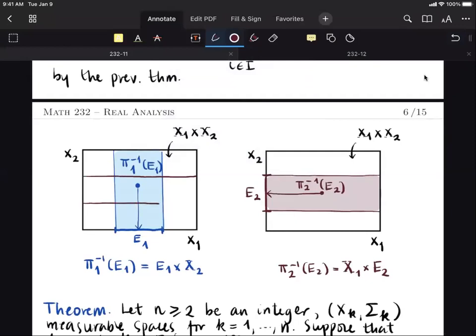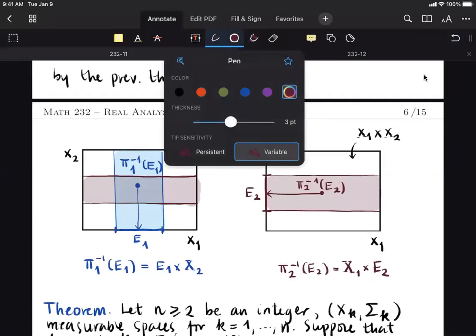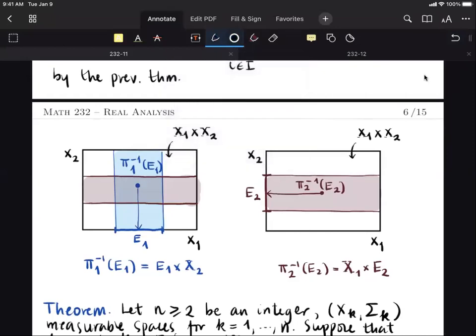So if this is E_2, let's superimpose that one here. You see that the intersection of the two regions is basically this one here, and this is E_1 cross E_2.